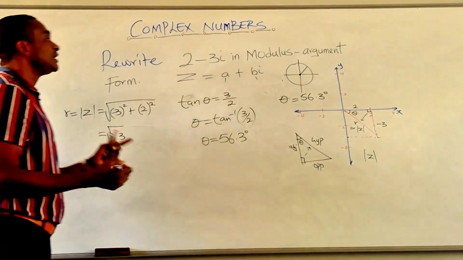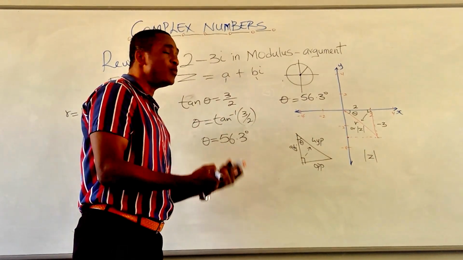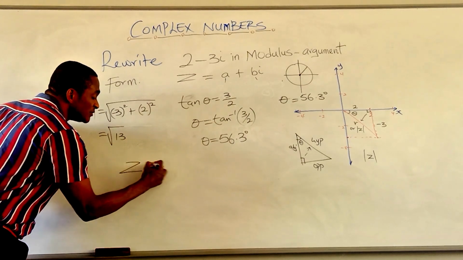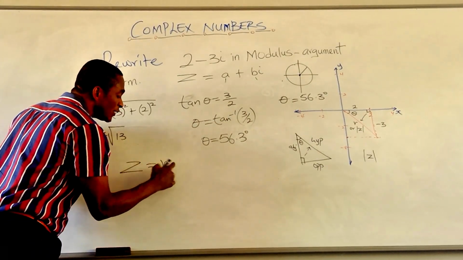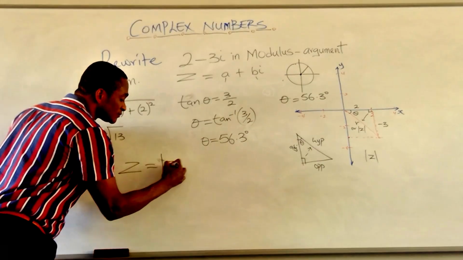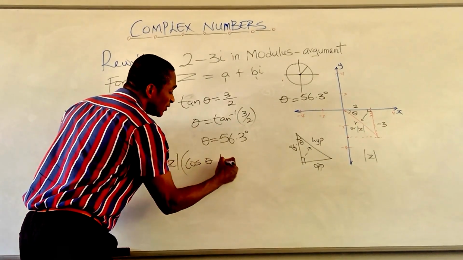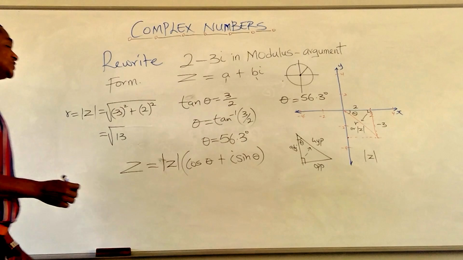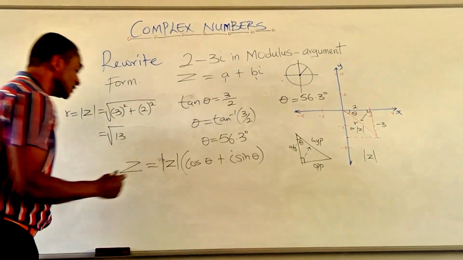Now they want our expression of this complex number in modulus argument form. The format is r, or what we call our modulus, times cos of the argument plus i sine of the argument. That is the general form. Now we have to plug in the values we have calculated.